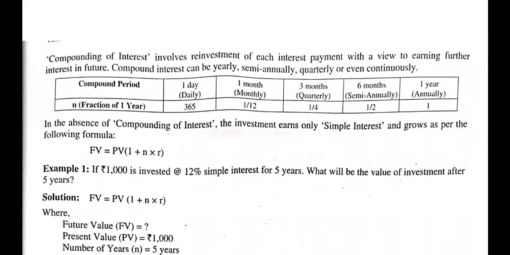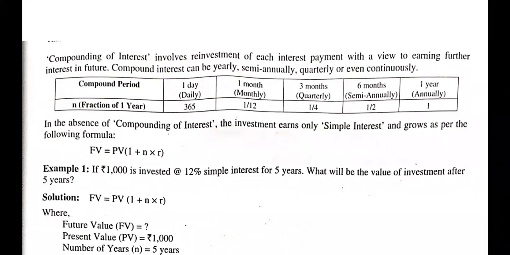Yearly means the fraction of 1 year, right? Then it can be semi-annually. Semi-annually means twice in a year, so 1 divided by 2 generally.